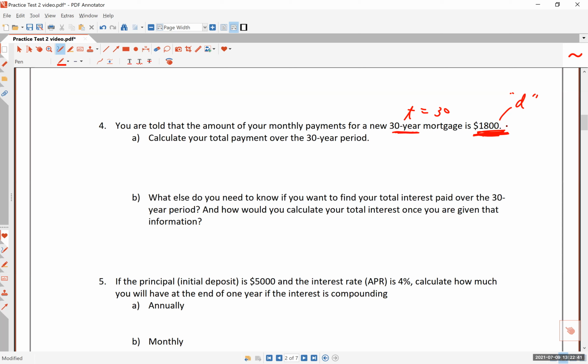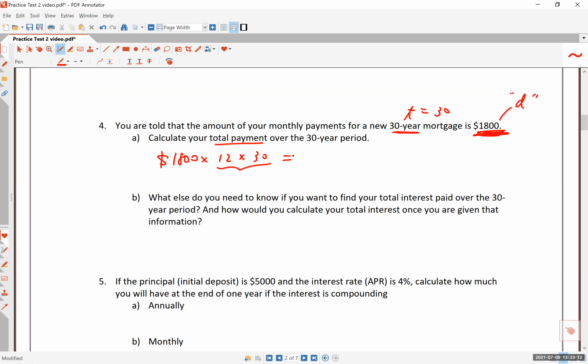Well, the amount of mortgage is not given here, but that's okay, because all you need for the total amount of payment is your monthly payment times how many months you have. For 30 years, this is 360, and that's because you are making a $1,800 payment 360 times.